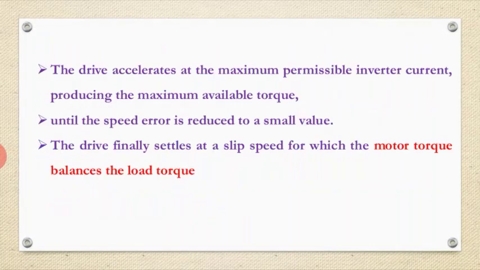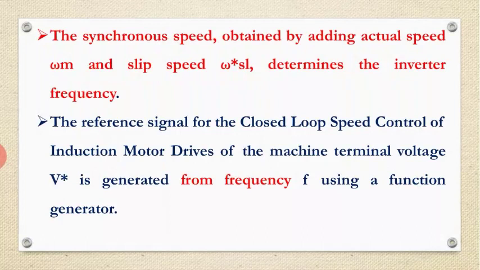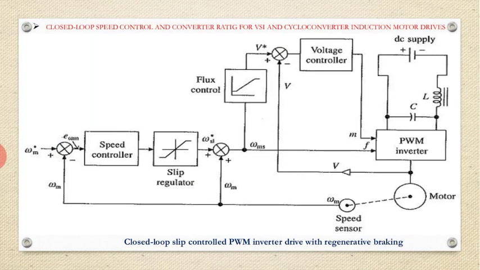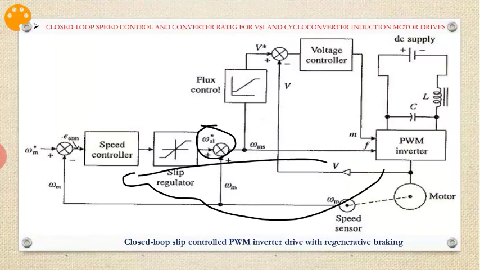Once again, a step increase in the speed command gives a positive speed error, and omega star s1 will be at the maximum value, so the drive will accelerate. It goes on in closed loop operation, reducing the error, and finally the motor torque balances the load torque.